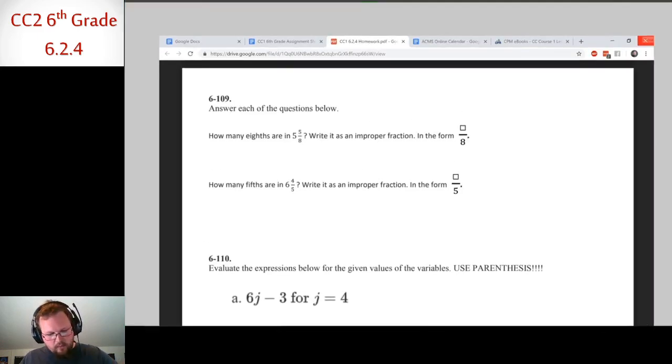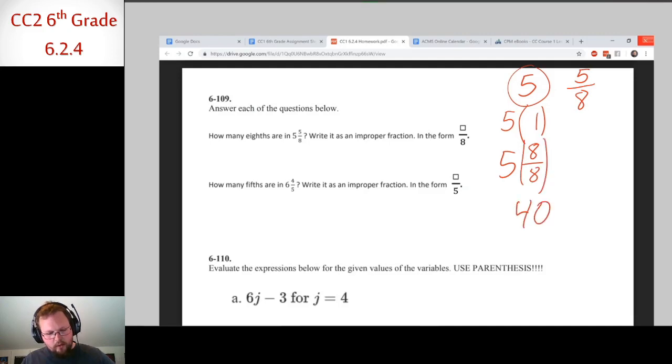So 5 5/8 can be thought of as, well, 5 is the same as 5 copies of 1, which is 5 copies of 8/8, which is 40/8, plus the 5 over 8 is 45 over 8. But nobody's going to do it this way.